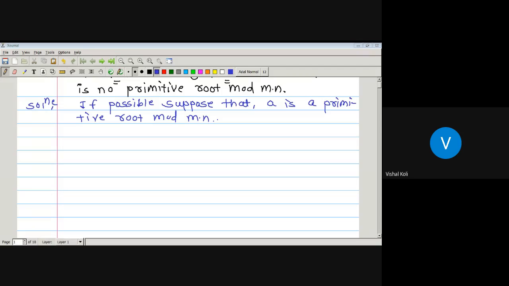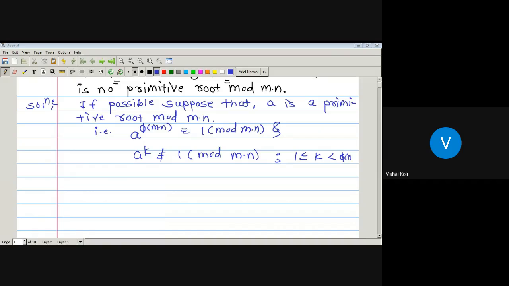A is a primitive root modulo mn, it means a to the power φ(mn) is congruent to 1 modulo mn, and a to the power k is not congruent to 1 modulo mn whenever k lies between 1 to 2, which is less than φ(mn). Then only it is possible that a is a primitive root modulo mn.